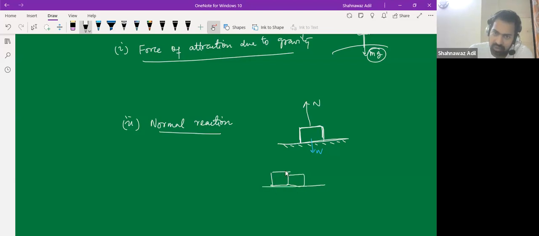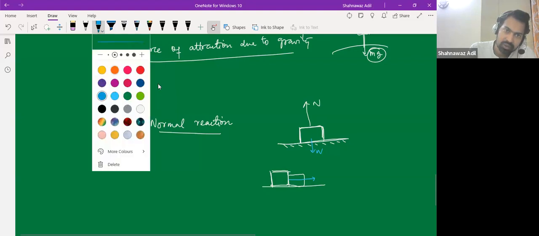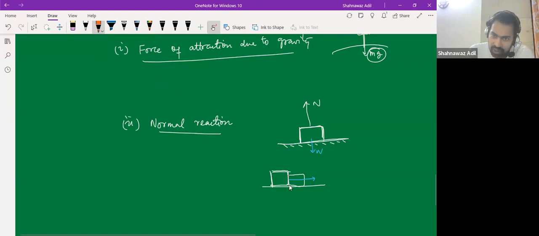This surface will apply a normal reaction in this direction, perpendicular to the surface, and the other surface will apply a perpendicular force in this direction. This is N. We understood this in the previous class, right?